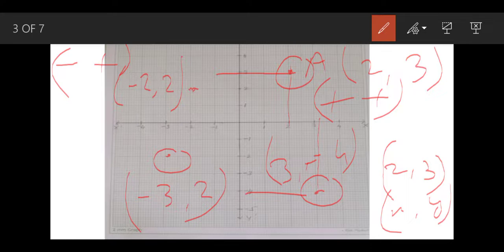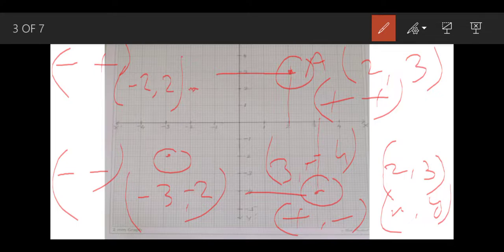In the third quadrant, x is negative, y is also negative. In the fourth quadrant, x is positive but y is negative. So we can easily find out in which quadrant the point lies by the sign convention.